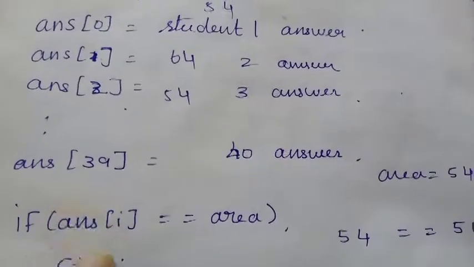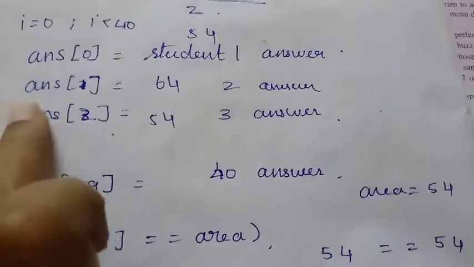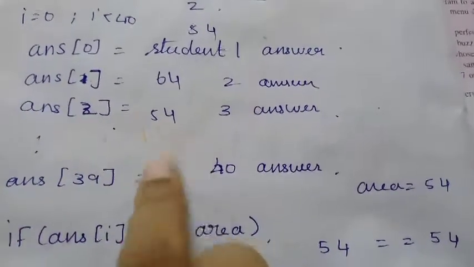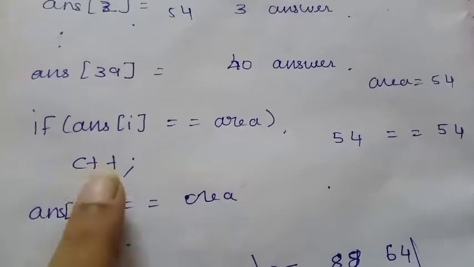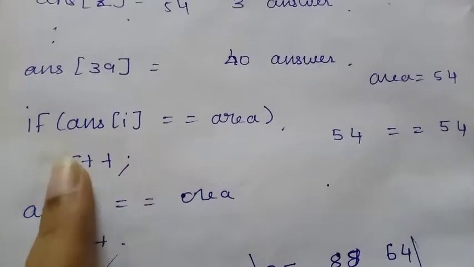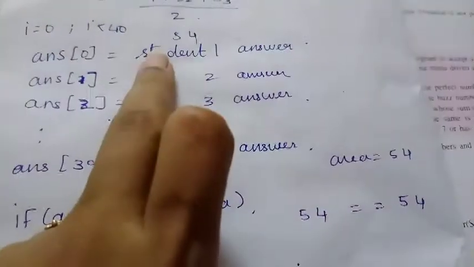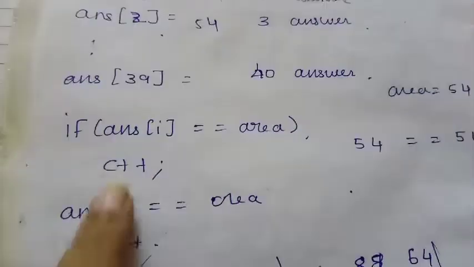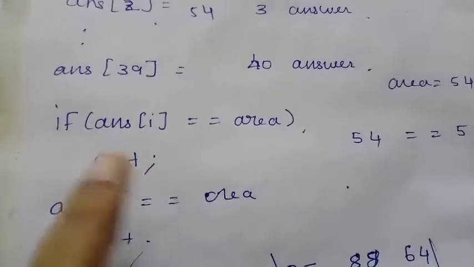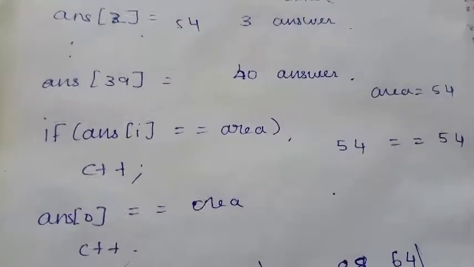Again it will be going and checking. So answer of 2 is also 54, so 54 is equal to 54, so now C++ will be incremented. The first student said it right, and the third student has also said it right, so C will be equal to 2 now.